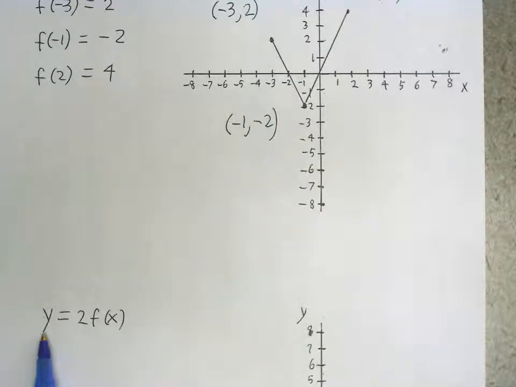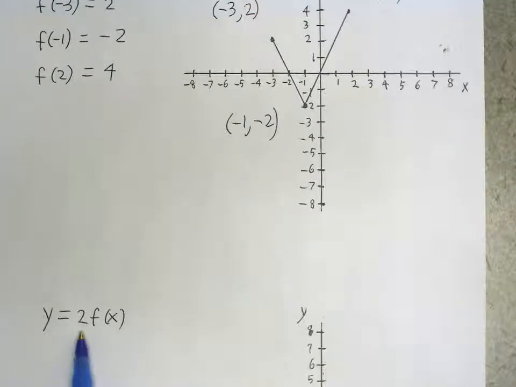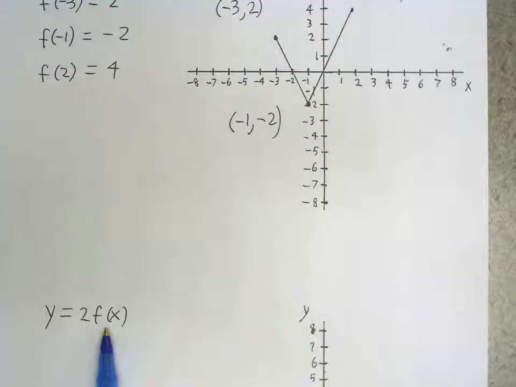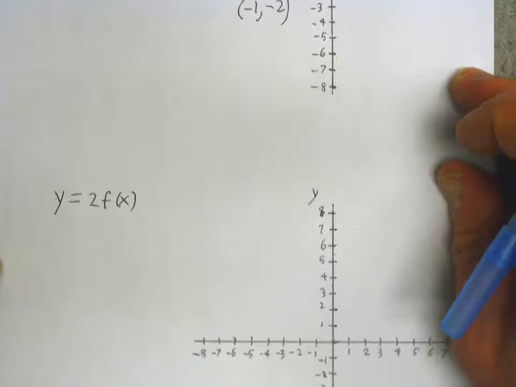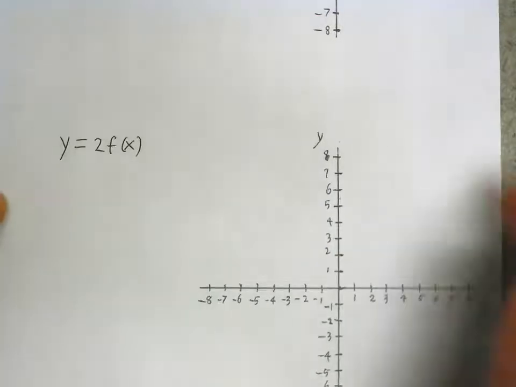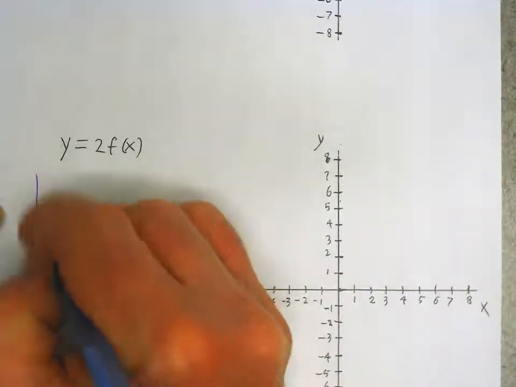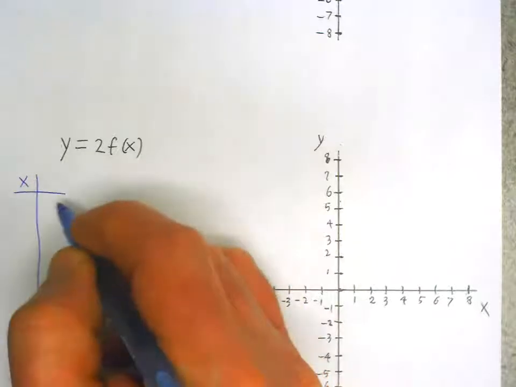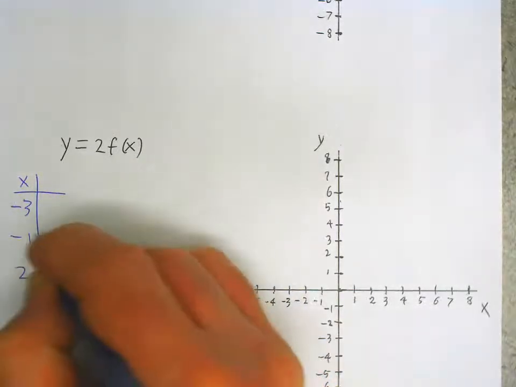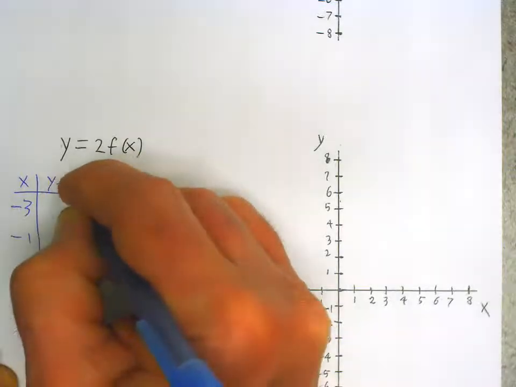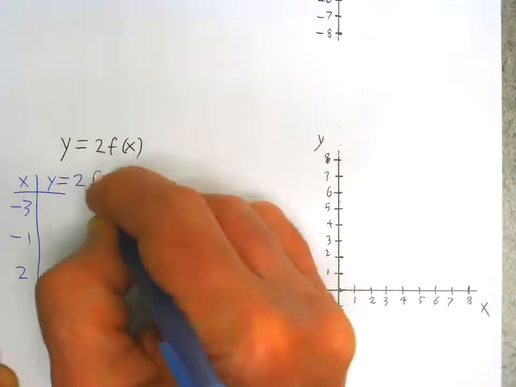It's just that the y coordinates for this one will be 2 times the y coordinates of f of x. Okay, so this one is pretty straightforward. We'll use the same domain values, -3, -1, and 2. But this time y equals 2 times f of x.